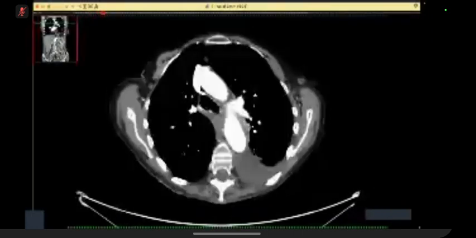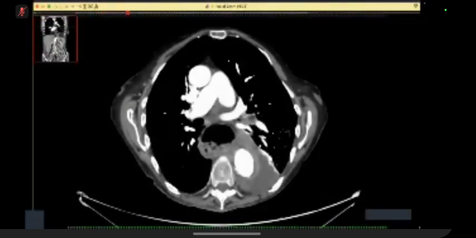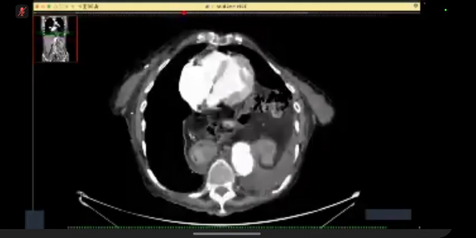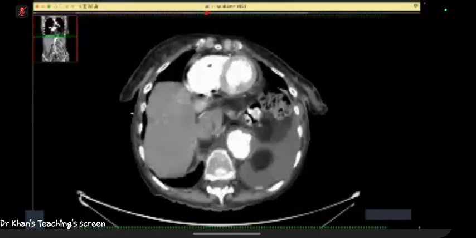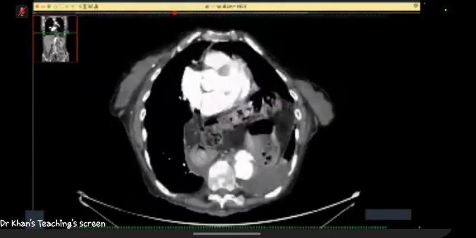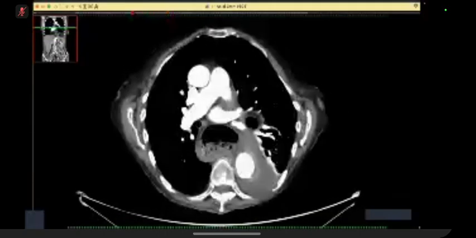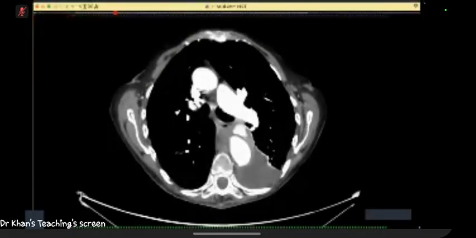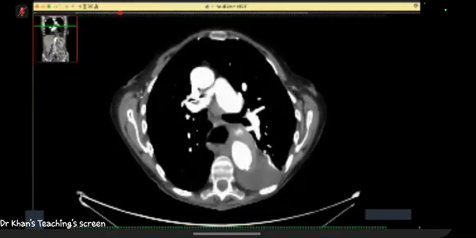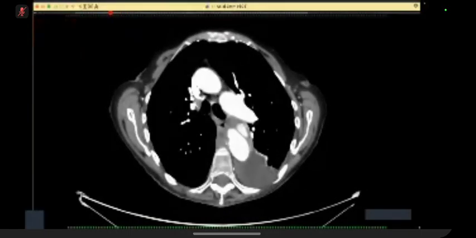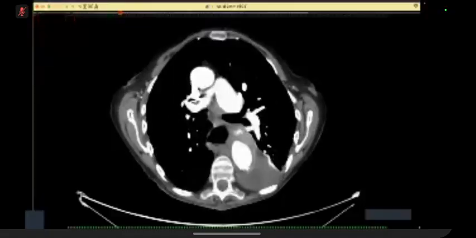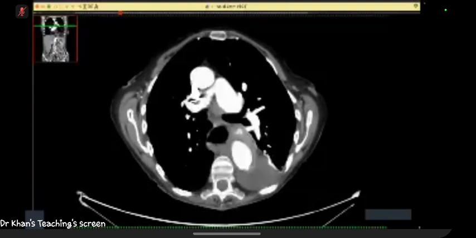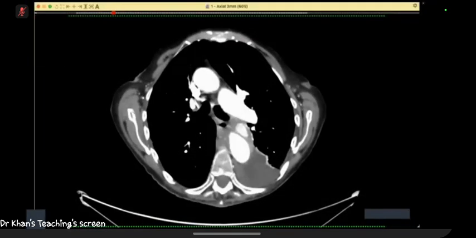My conclusion is acute aortic syndrome in this patient, with this small contrast-filled pouch, which although I'm not able to trace its continuity with the aorta, is definitely some contrast leak, some aortic leak, which might have happened, and which is possibly communicating, because there is contrast enhancement in this in the arterial phase. So this can be a pseudoaneurysm, or this can be a large penetrating ulcer only here.